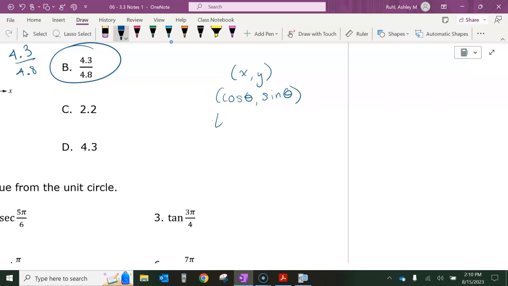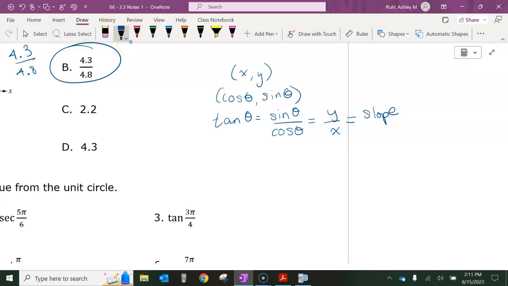I should also know that tangent is the exact same thing as taking my sine value and dividing it by my cosine value. That's also the same thing as saying it's y over x, or also your slope. We've discussed that.